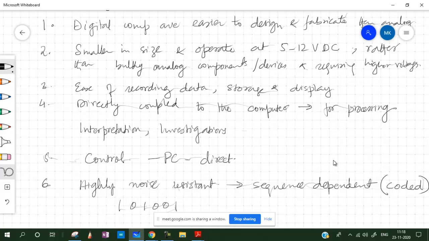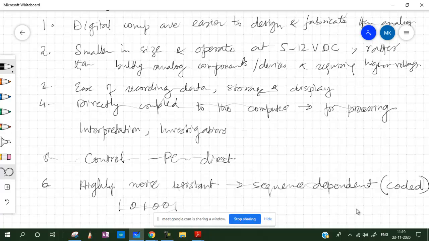Once that conversion is done, we can do a lot in the computer, like interpretation and investigation of the data, and also process it and use it for online control because we're directly connecting to a PC or a microcontroller. That is one of the significant advantages of digital signals, so we would prefer analog to digital conversion.